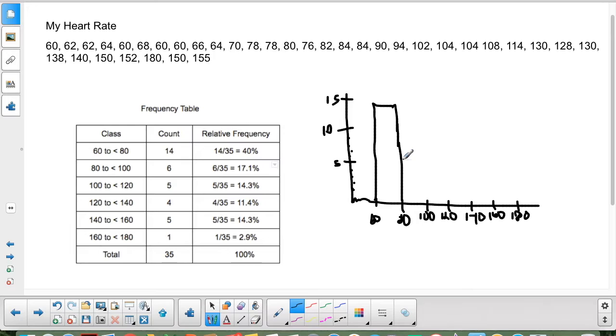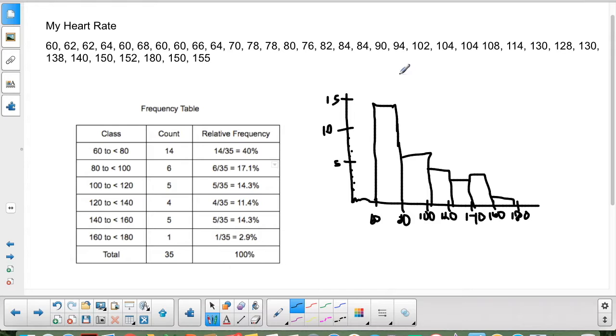Alright, then we go to 6. Almost hit right on. Then I go to 5. I'm off a little, but that's fine. You get the idea. 4. Back up to 5. And lastly, 1. That's a pretty good one.